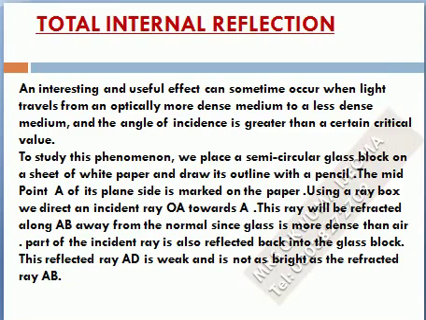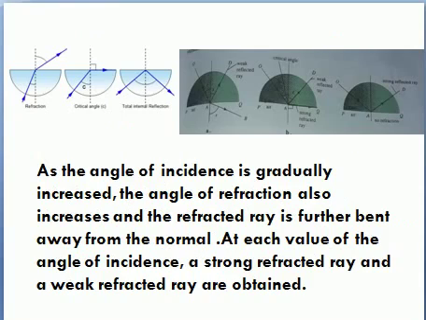On getting to the boundary, this ray will be refracted along AB, refracting away from the normal. Why? Because the glass is more dense than air. We also have a reflected ray, another ray that is reflected back into the glass, and we say it is weakly reflected because that ray is not as bright as the refracted ray.